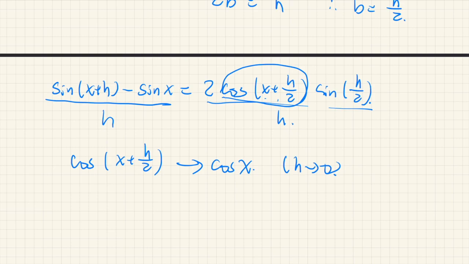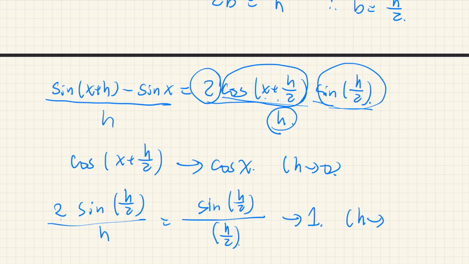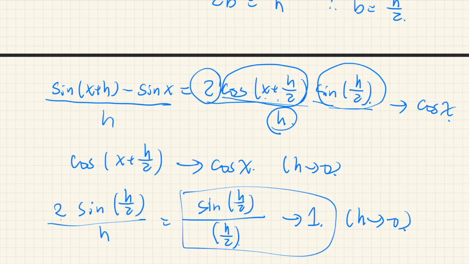And the remaining part, 2 times sine (h over 2) divided by h, is equal to sine (h over 2) divided by (h over 2). This converges to 1 as h goes to 0. Remember this formula? Therefore, everything here converges to cosine x.